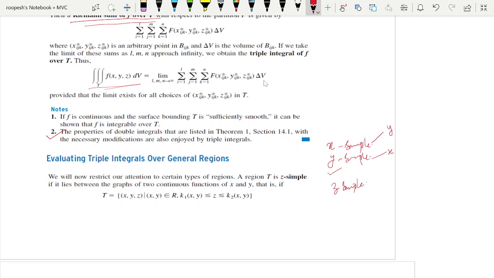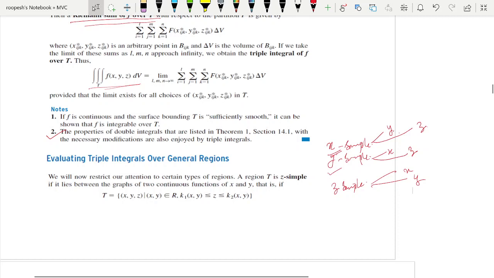So x-simple means x should be a function of y and z. y-simple means y is a function of x and z. Then z-simple means z should be a function of x and y. So this is the difference here.